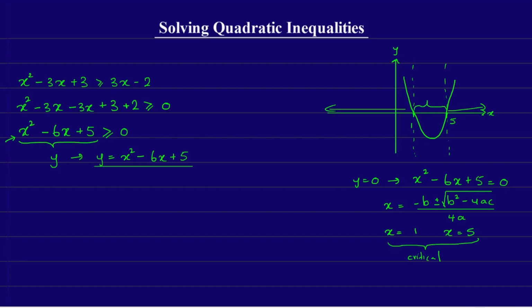And this particular region is not going to satisfy this inequality, which basically gives us that this inequality is going to be satisfied when x is less than or equal to 1, and when x is greater than or equal to 5.